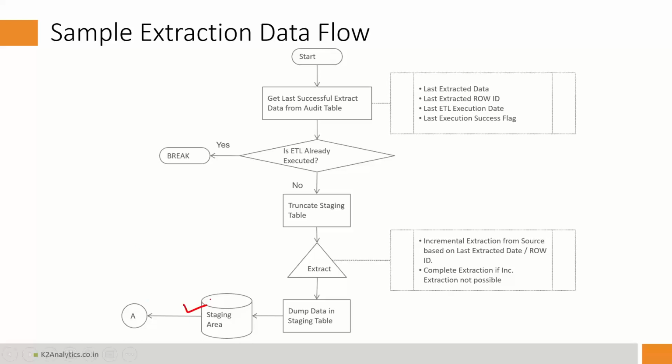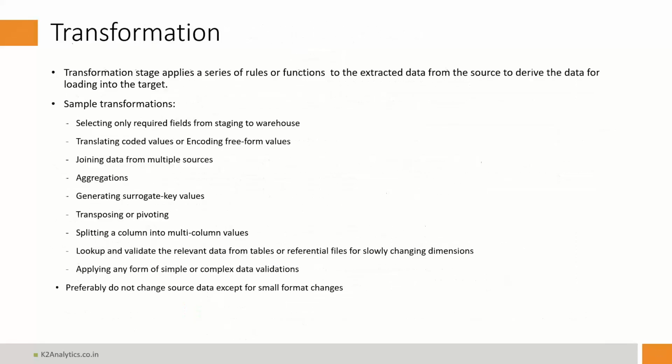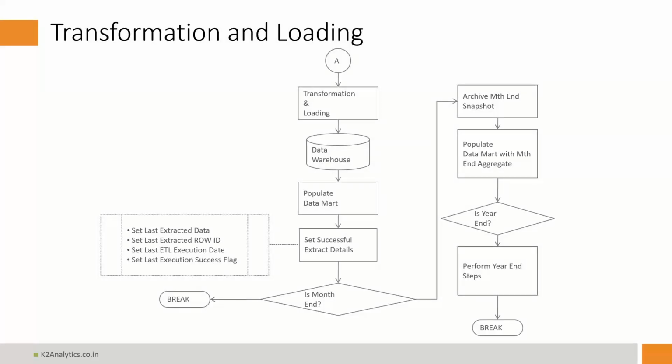The reason is the data has still come only in the staging area. It has not completely resided in the warehouse. So from staging, you do transformation, push data in the warehouse, and do the necessary data updation in the mart. Once all of this is completed, you will update the audit table saying, okay, the extraction from source to warehouse is completed.